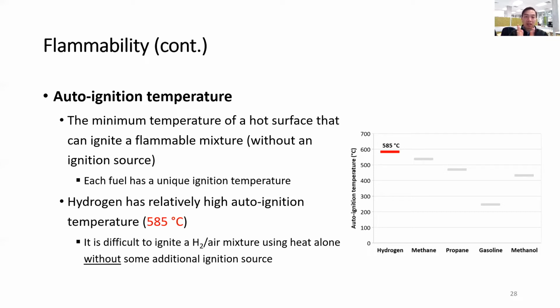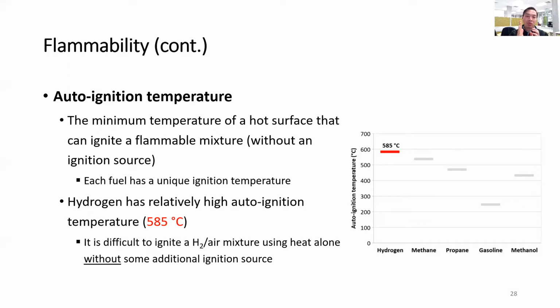Of course, that surface has to not have a catalytic effect. For example, if your surface is platinum, then of course you're going to bring the auto ignition temperature of your hydrogen down to very low. So we're talking about a hot surface that doesn't have any catalytic effect on hydrogen ignition and doesn't have any ignition source surrounding it.